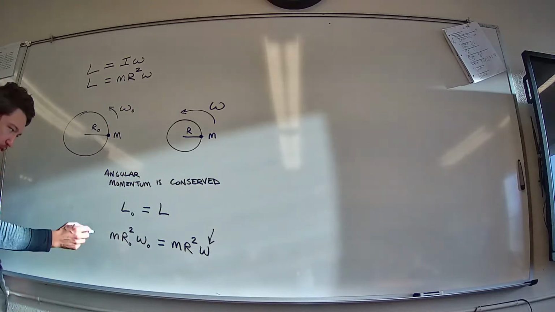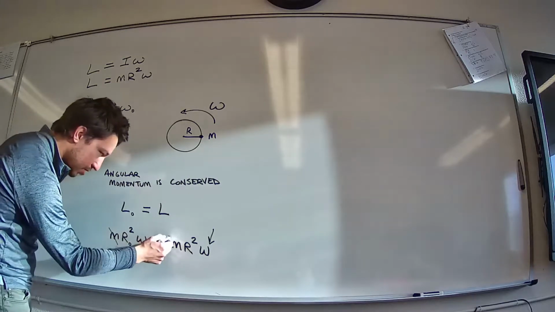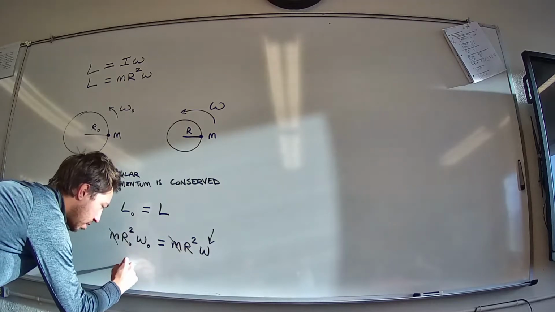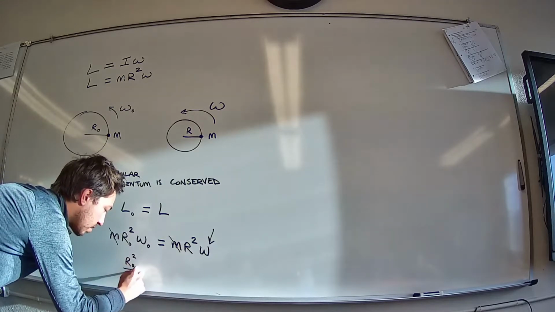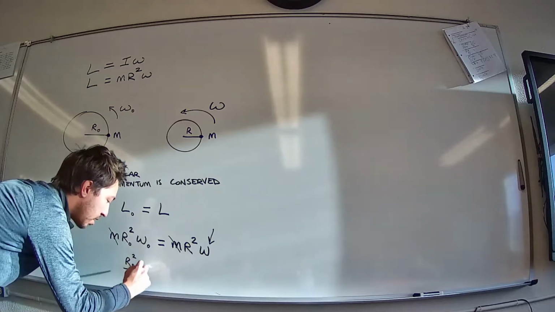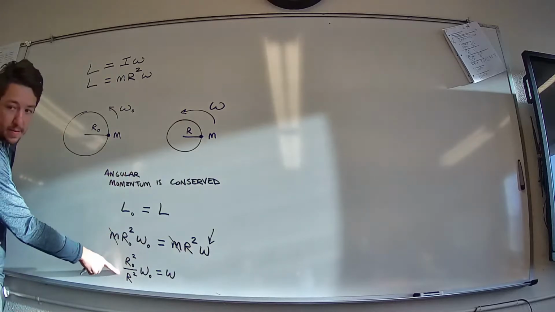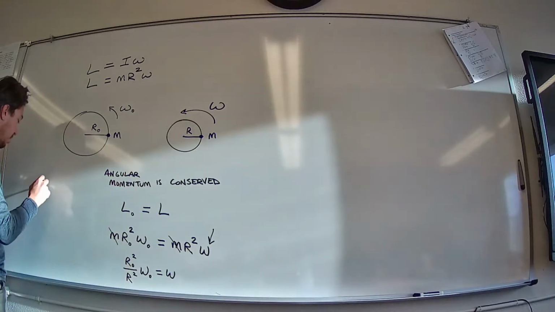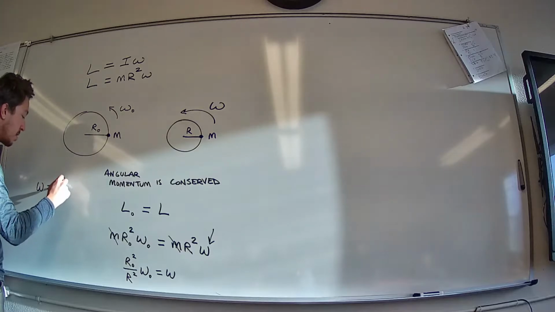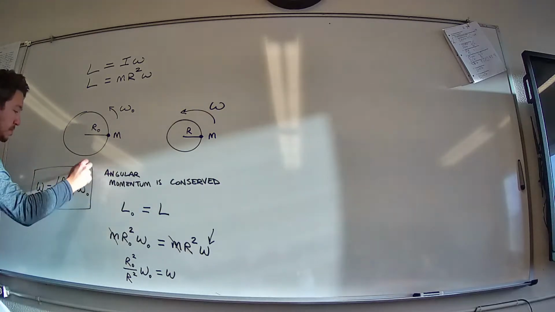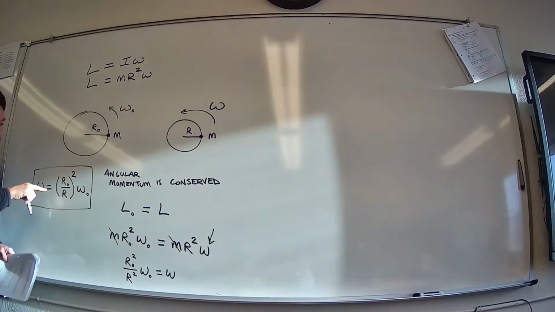So the first thing we notice might be cancellation. The mass cancels, and it's fairly straightforward. It's just r naught squared over the new r squared times the initial omega. You might find it more useful to write it like this. So by what factor does omega change?